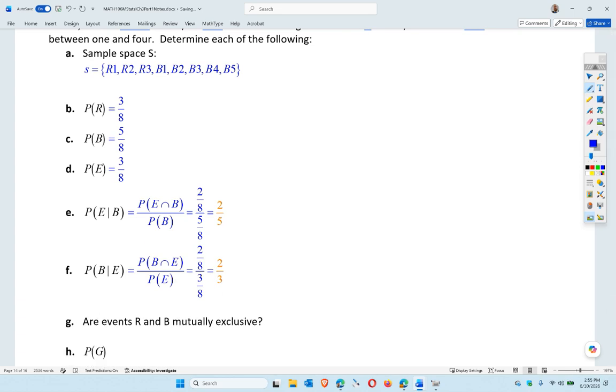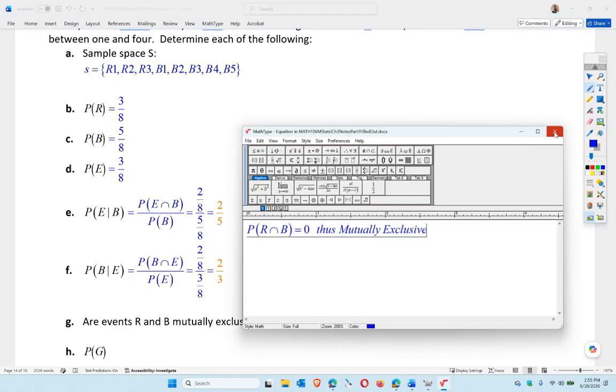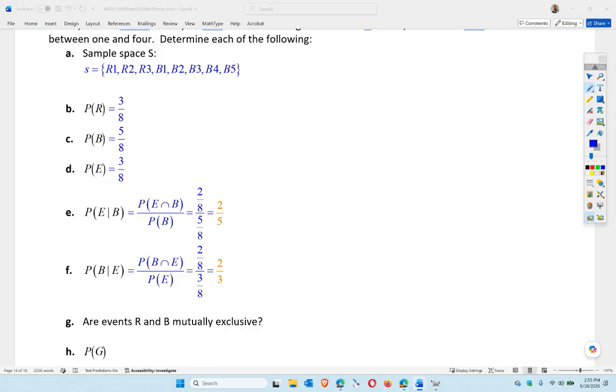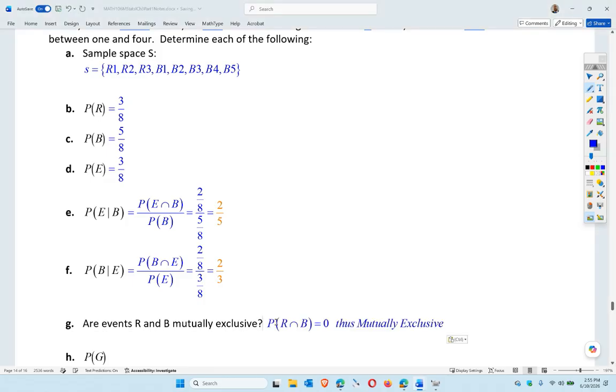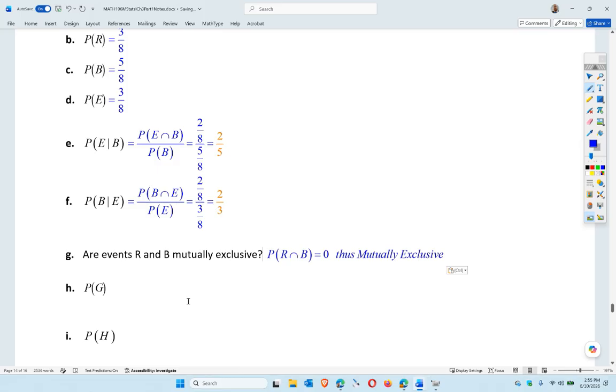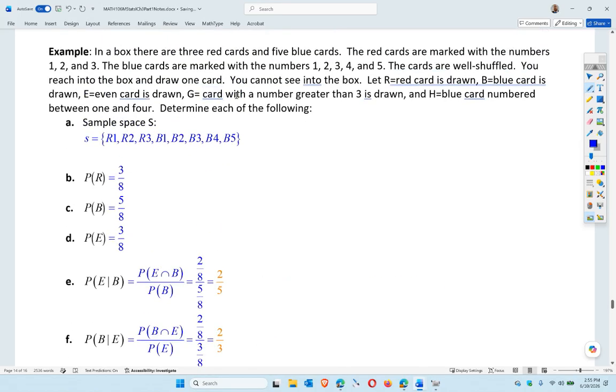Okay. Are they mutually exclusive? Can you be red and blue at the same time? I'm going to guess no, right? So therefore, you are mutually exclusive, correct? All right, P of G. That's the next thing we want to know, all right? So P of G. G is the card where the number drawn is greater than 3. Well, greater than 3 is only a 4 and a 5, right?